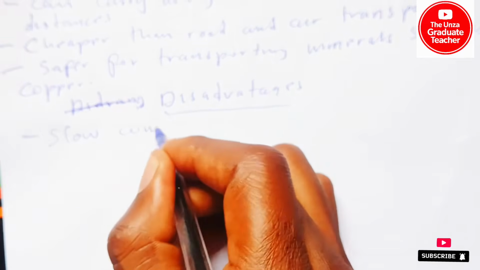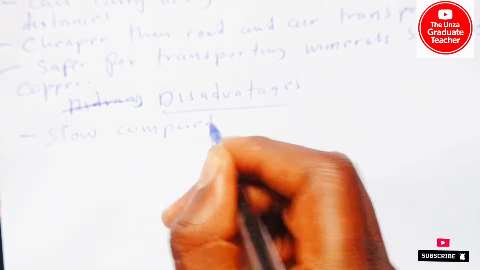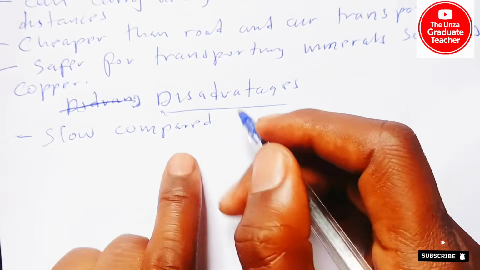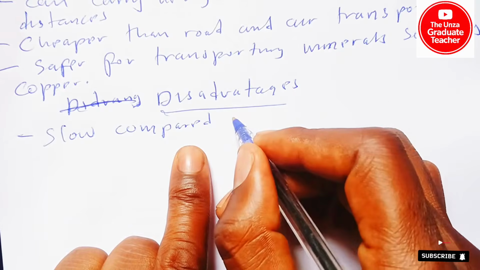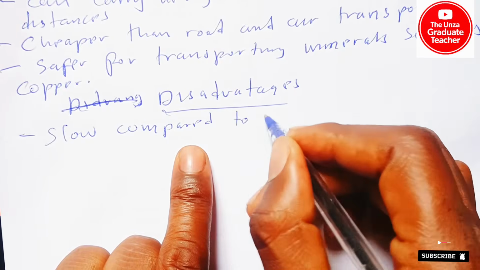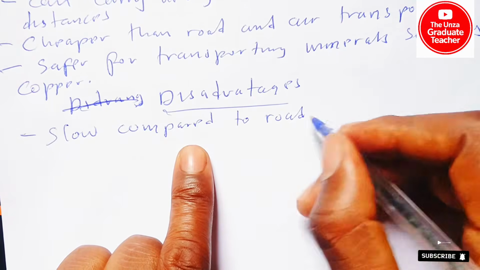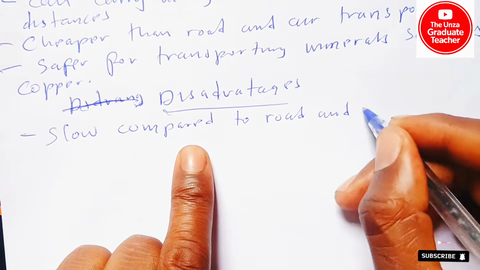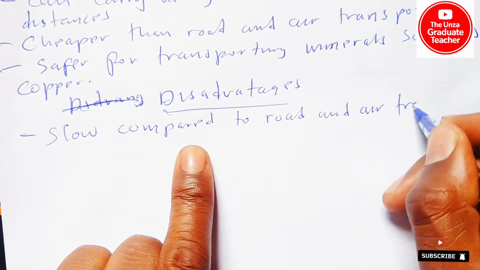It is slow compared to road and air transport. For you to go to a place, it will take very long. So you say slow compared to road and air transport.